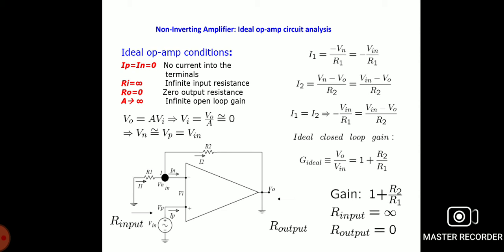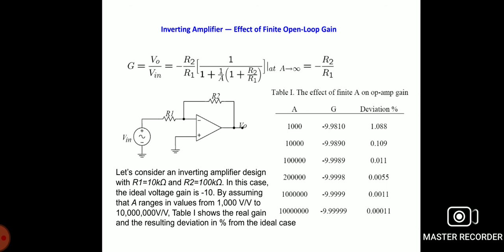Now the inverting amplifier, effect of the finite open loop gain. In the inverting amplifier design, R1 equals 100 kilo ohm, and R2 equals 100 kilo ohm, as you can see in the diagram.